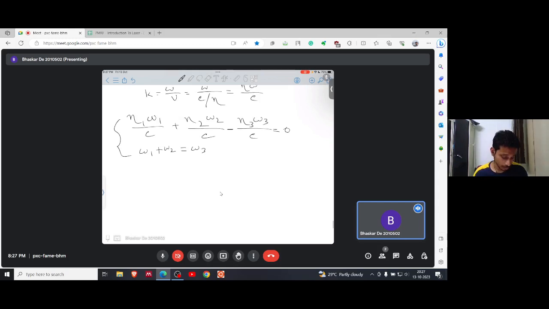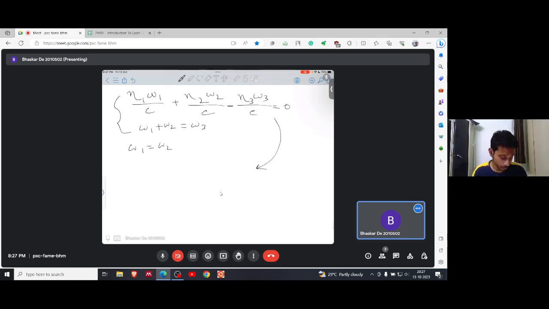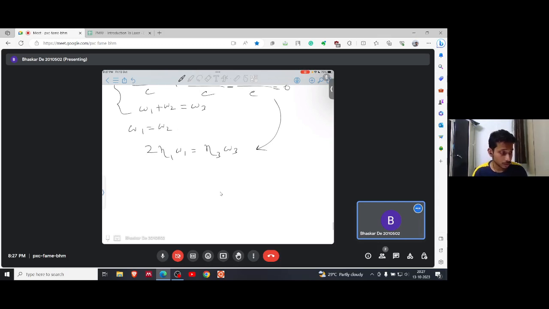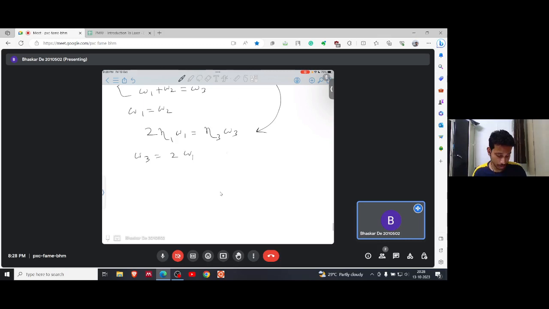And for second harmonic generation we have omega 1 equal to omega 2, therefore this equation becomes 2 eta 1 omega 1 equal to eta 3 omega 3. Now for second harmonic generation omega 3 equal to 2 omega 1. So here we have that the ideal phase matching condition for second harmonic generation is eta 1 equal to eta 3.